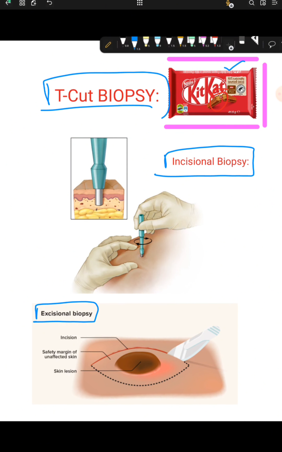In the excisional biopsy, we cut out the whole region, the affected margins, and incisional biopsy is just a chunk. Why did I place this photo of the KitKat? Because when we are in a stressed condition and someone gives us a chocolate, of course we eat all of it. But if our mood is fine and someone asks us to share, we give them a small chunk. So in this condition, this is the difference between incisional biopsy and excisional biopsy: the excisional biopsy is of the whole, the whole margins, and the incisional biopsy is just a chunk.